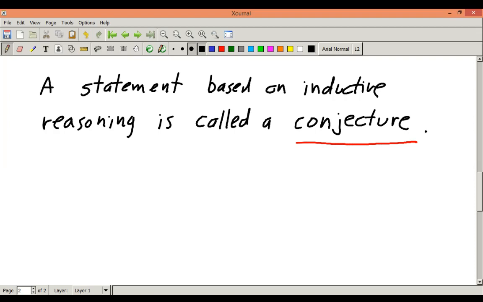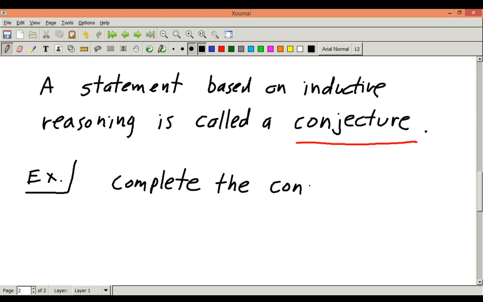So let's look at our next example. Complete the conjecture. Here's the conjecture.